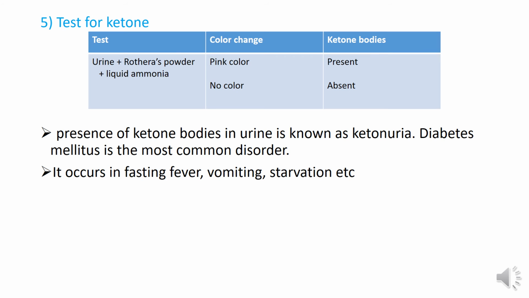The presence of ketone bodies in urine is known as ketonuria. Ketonuria in diabetes mellitus is the most common disorder. Apart from pathological conditions, it also occurs in fasting, fever, vomiting and starvation.